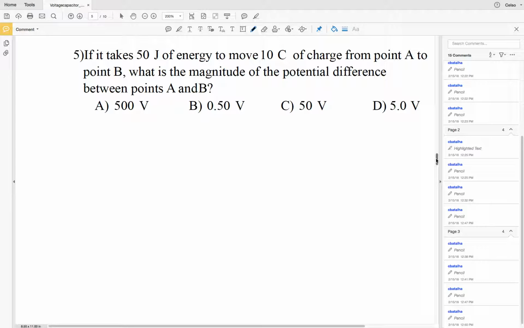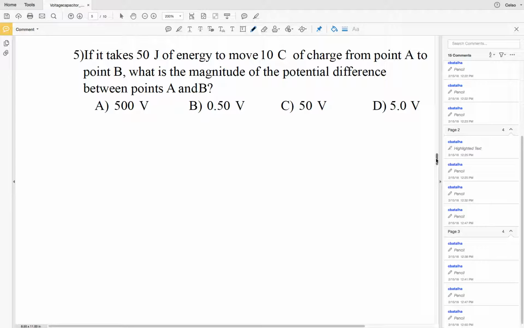You have to know that joules is a unit of energy, right? That's the work. So then you start solving the problem that apparently is complicated, but now you know what it is. And the person who wrote it was nice. They say 50 joules of energy.